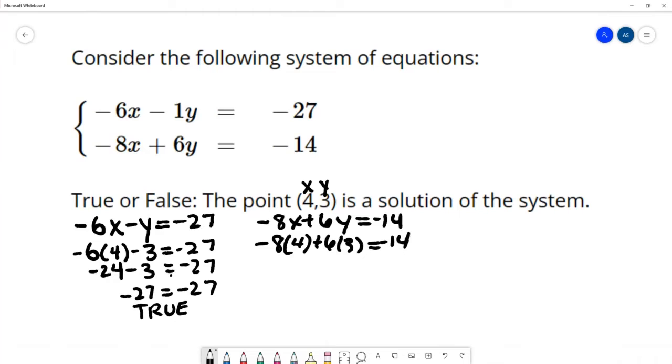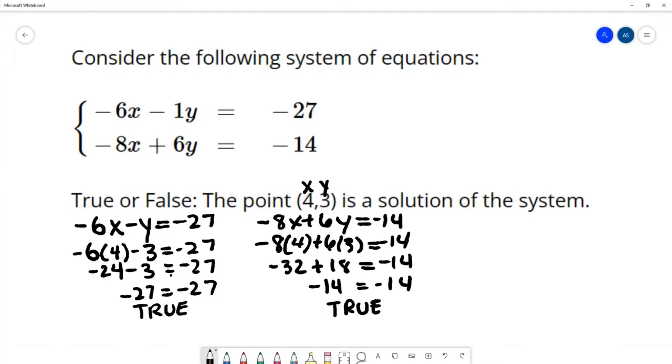Negative 8 times 4 is negative 32. 6 times 3 is 18. And negative 32 plus 18 is a negative 14. So we have another true statement.